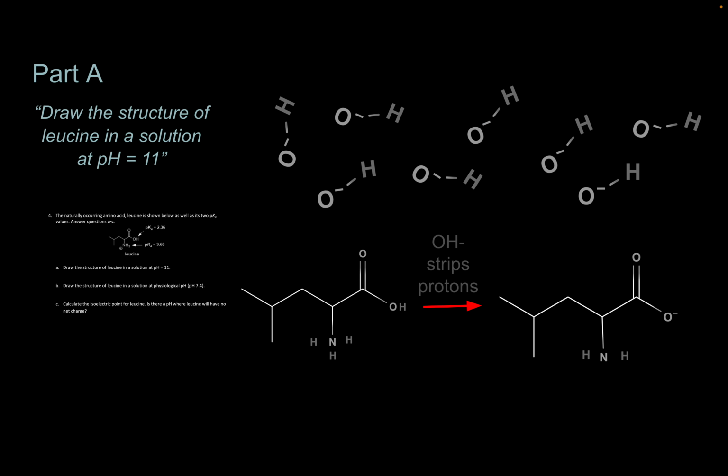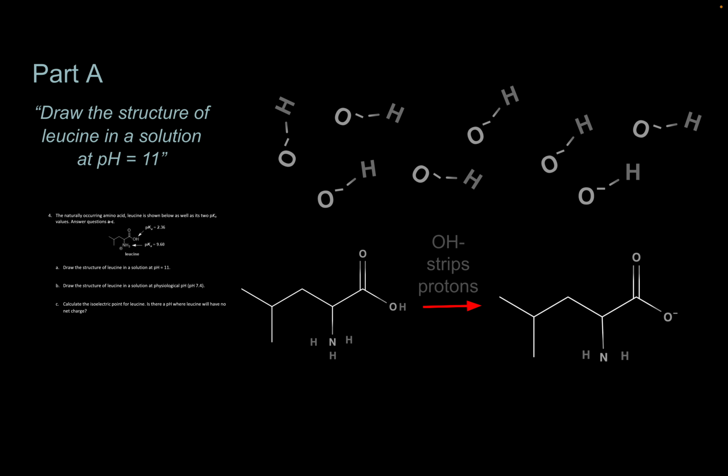There's 3 of them. So in part A, we're asked to draw leucine in a solution that's at pH 11. How I went about solving this is, at a pH of 11, we know that there are lots and lots of hydroxide ions, because any pH above 7 indicates that there's more hydroxide than hydronium or hydrogen ions.